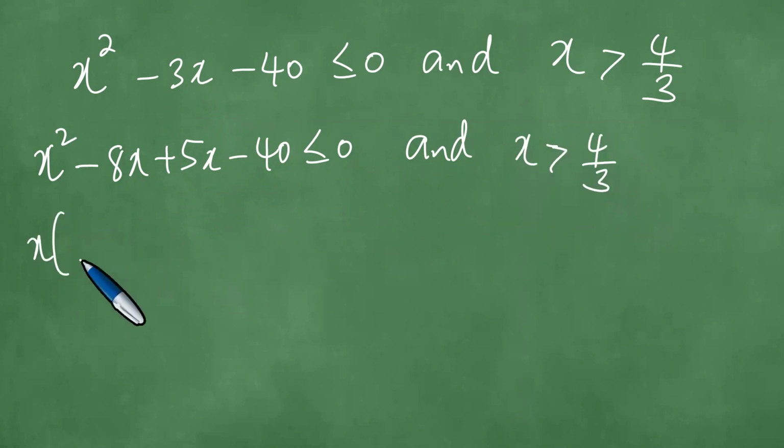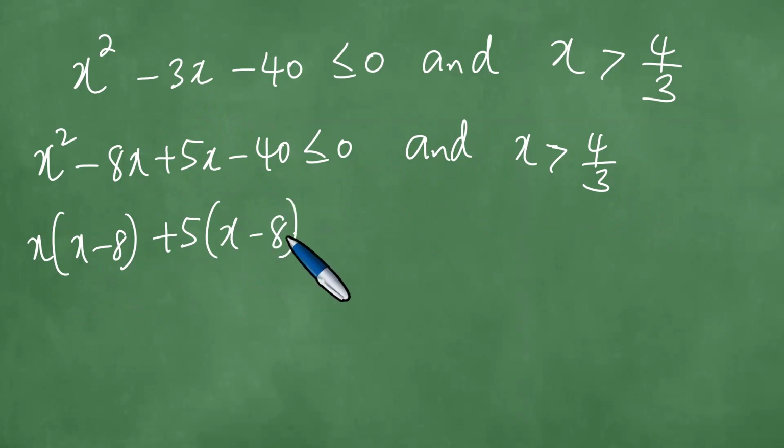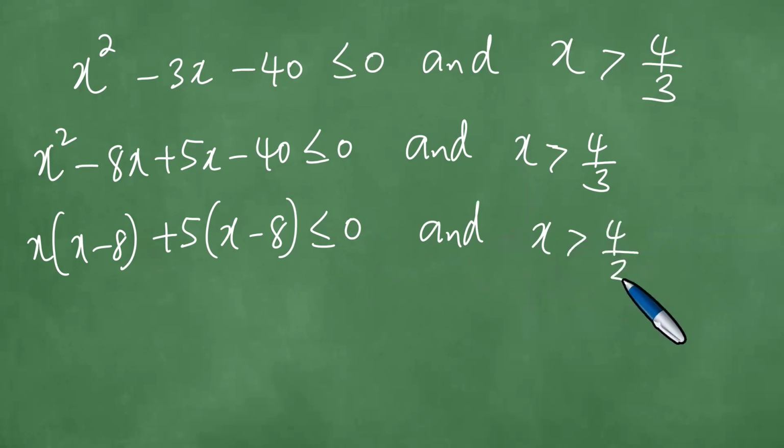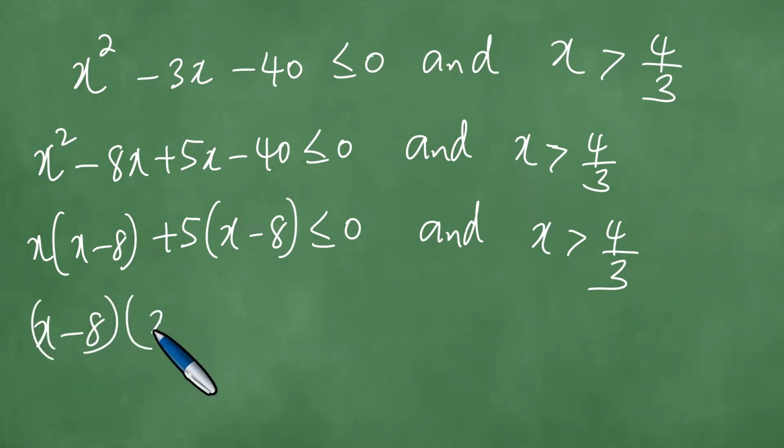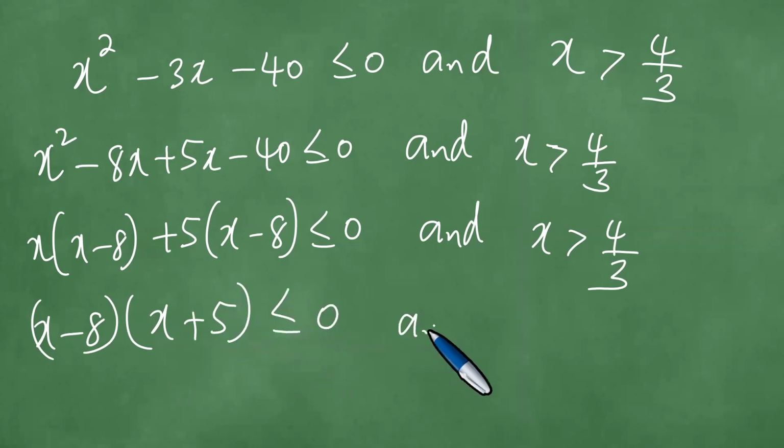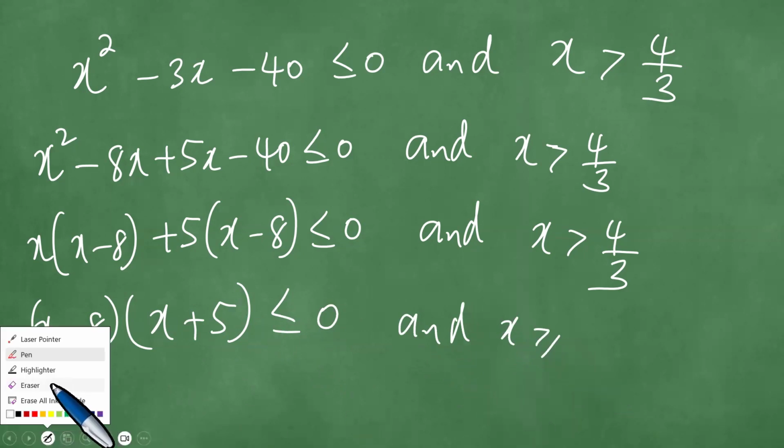We pull out a common factor of x, and we have x(x minus 8) plus 5(x minus 8) less or equal to 0. We pull out the common factor x minus 8, and we have (x minus 8)(x plus 5) less or equal to 0, and x is strictly greater than 4/3.